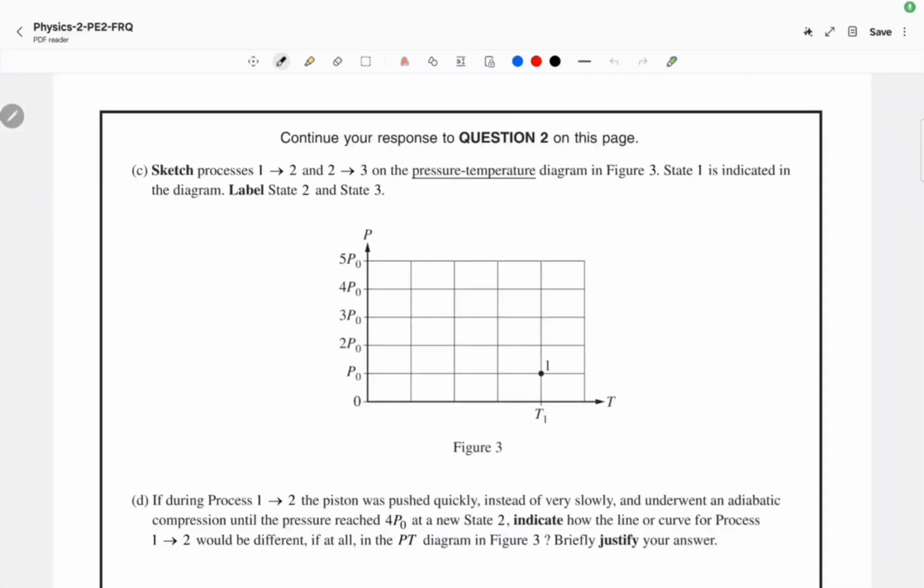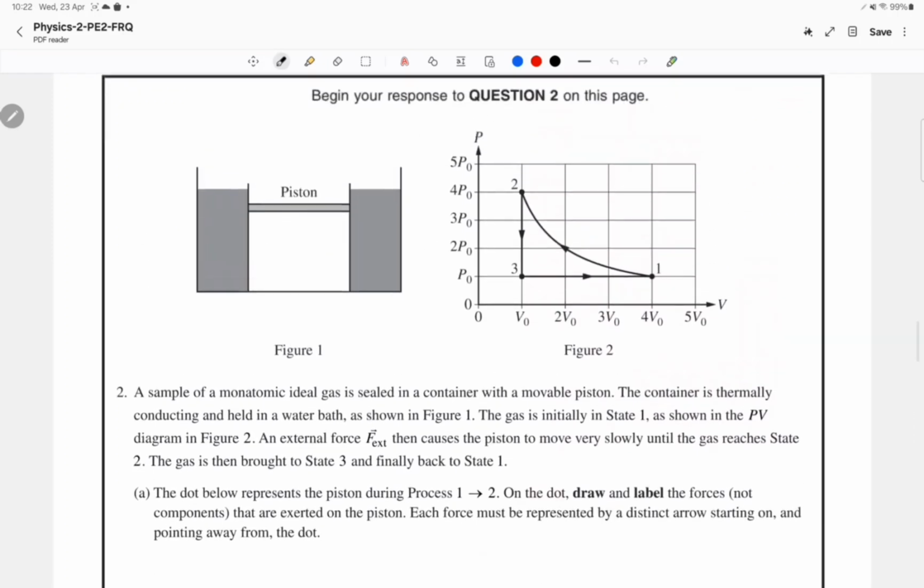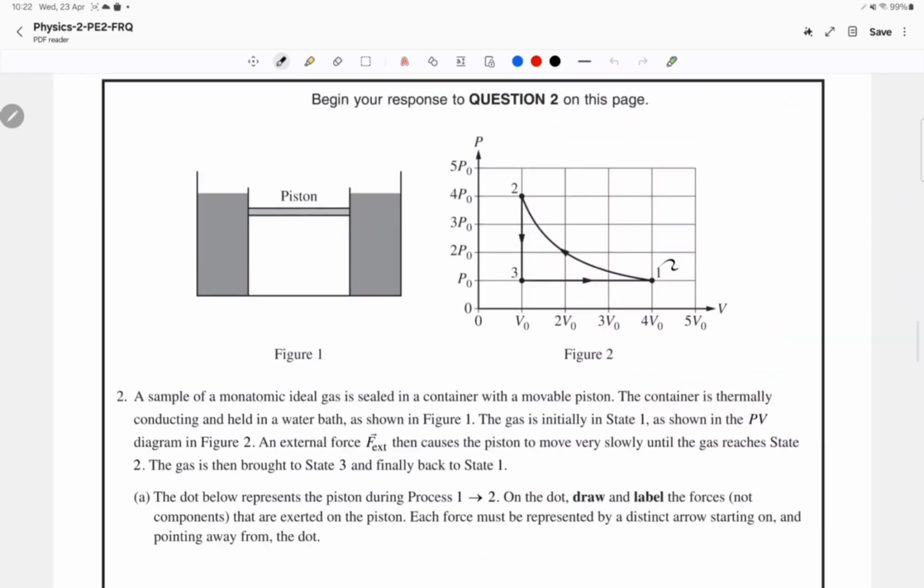So sketch processes 1 to 2 and then 2 to 3 on the pressure-temperature diagram in figure 1. State 1 is indicated in the diagram. Label state 2 and state 3. So let's go back and see what's going on. In state 1, we had P0 and 4V0.